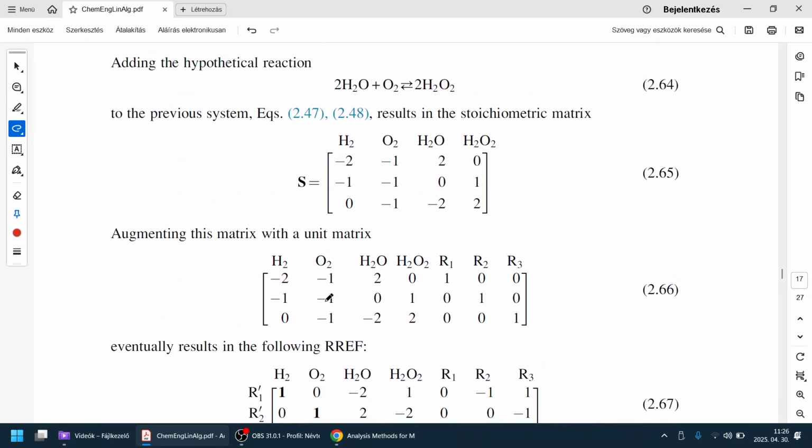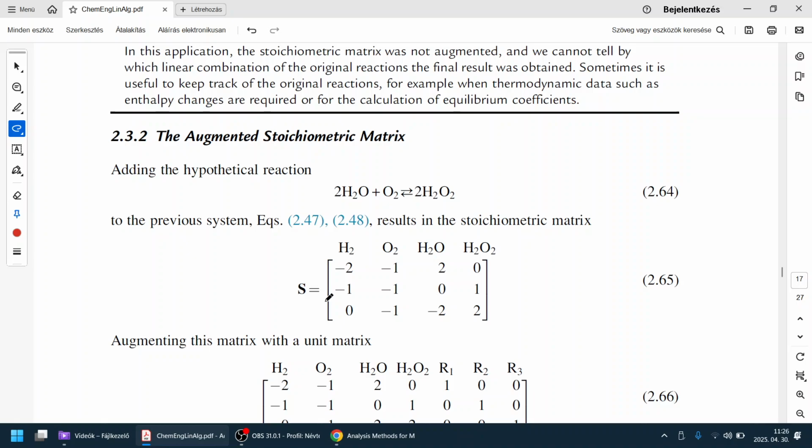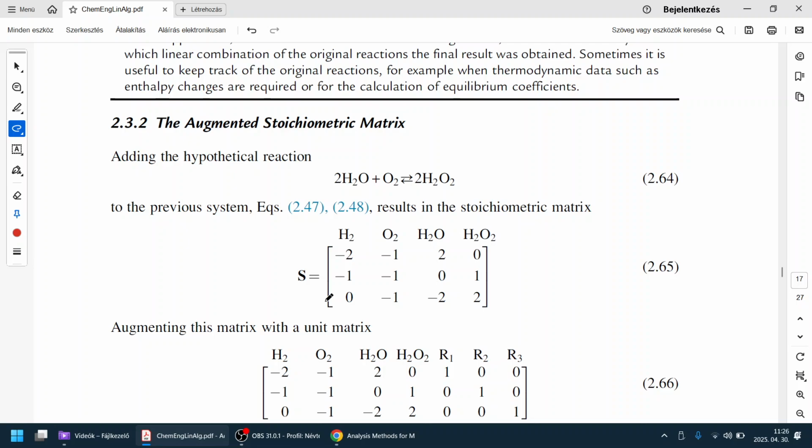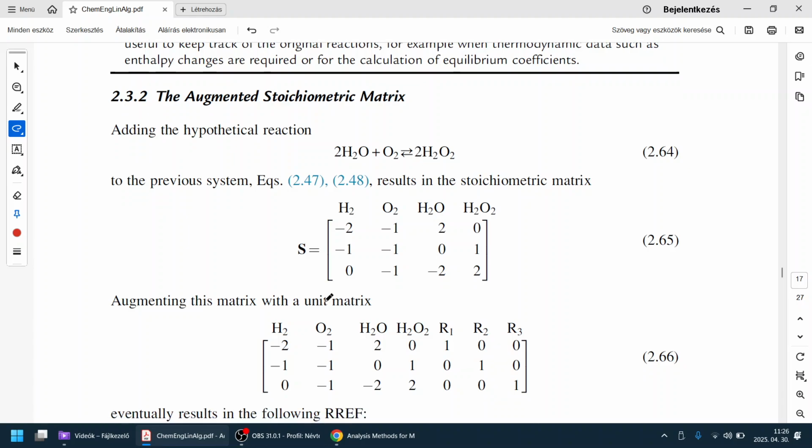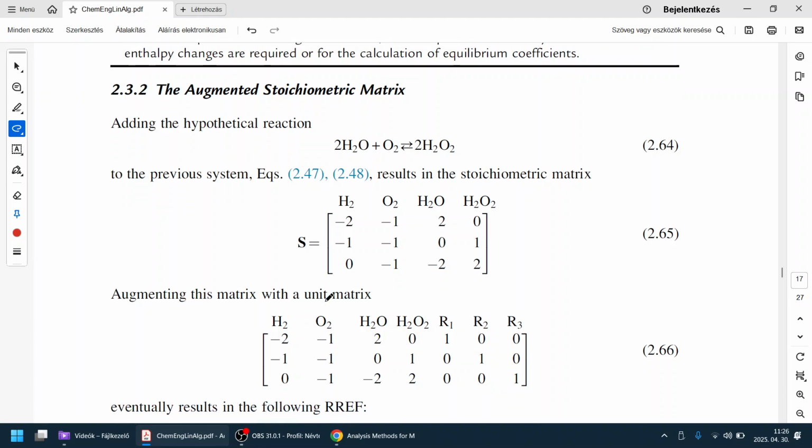So just add something to the three columns, and why three reactions? Why not one or two? No, two should be. Hydrogen and oxygen can form hydrogen peroxide and water, which is the third.